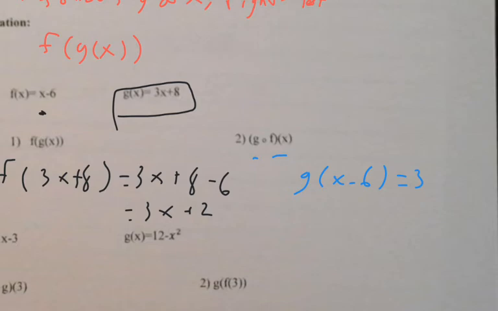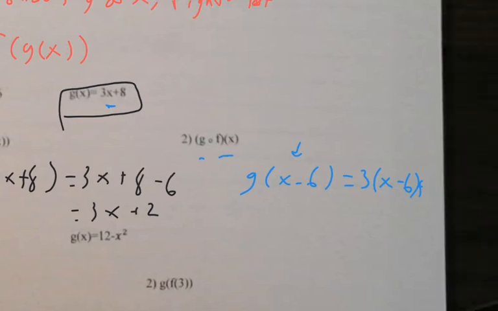So we're plugging in our input here for everywhere there's an x here. So we get 3x minus 18 plus 8, and we get 3x minus 10.